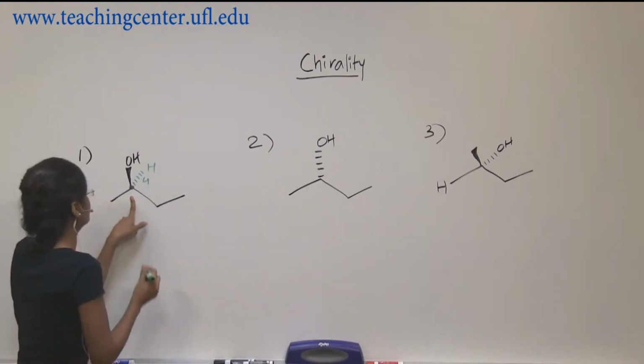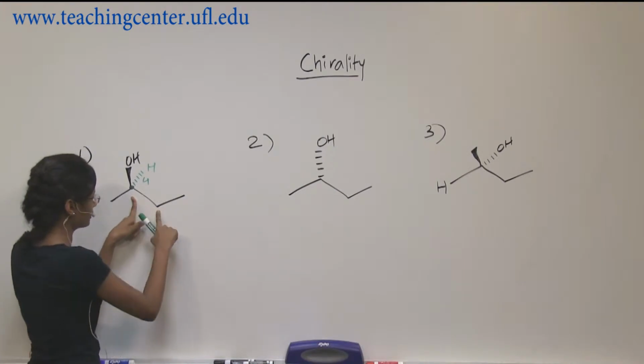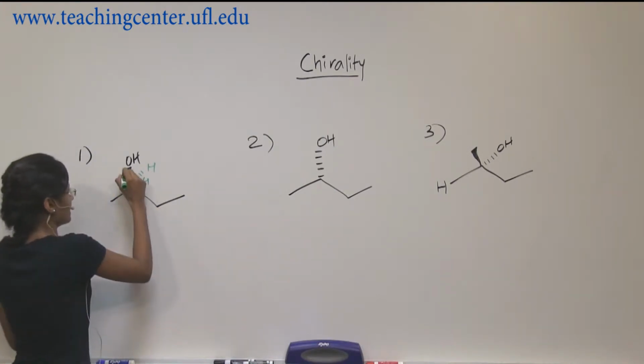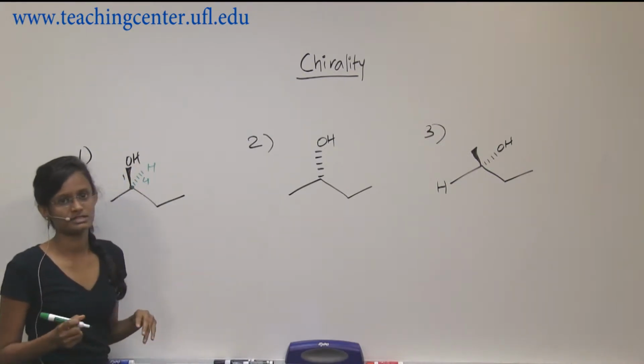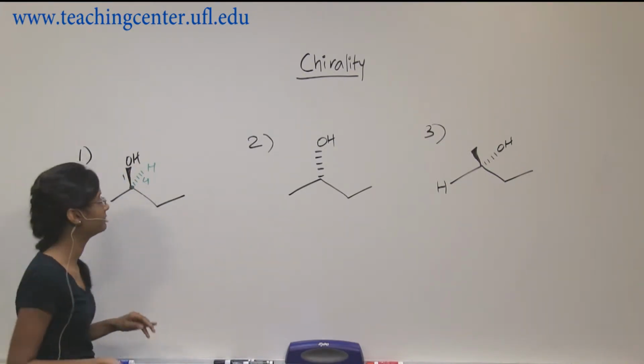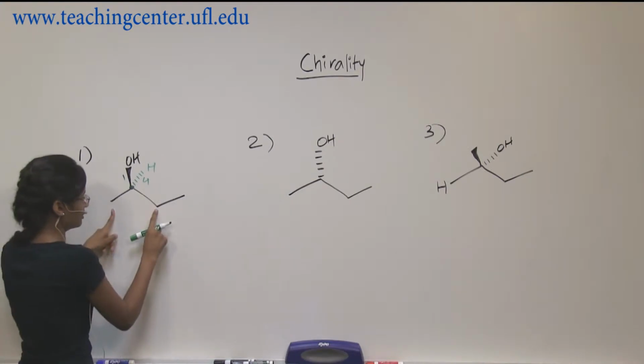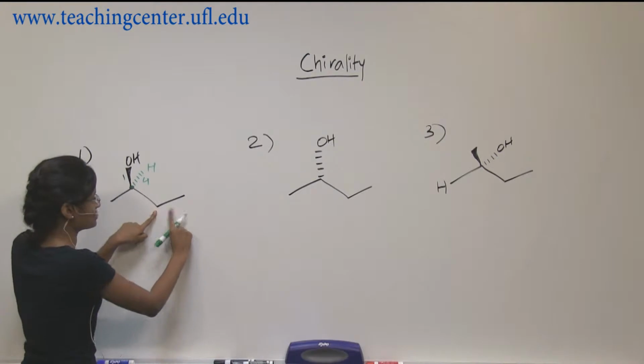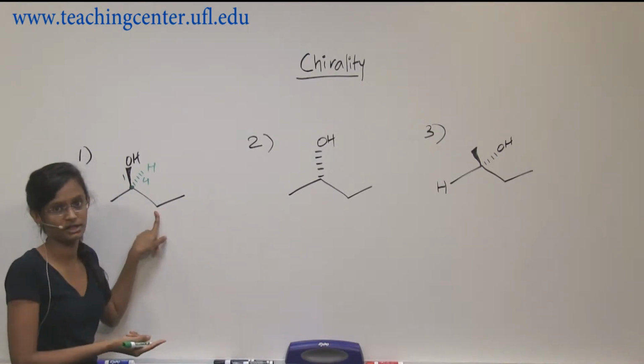That carbon is attached to two carbons, another carbon, and one oxygen. In that case, oxygen's going to win because it has a higher atomic number. Then for these two carbons, this carbon's attached to three hydrogens, and that carbon's attached to one carbon and two other hydrogens.